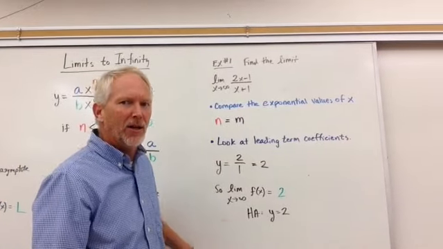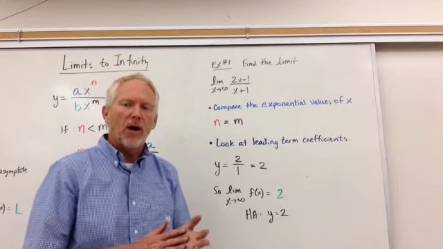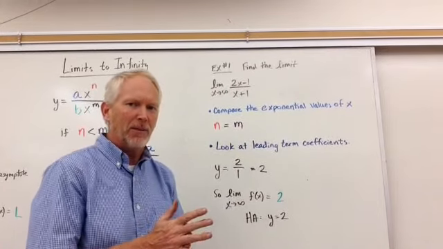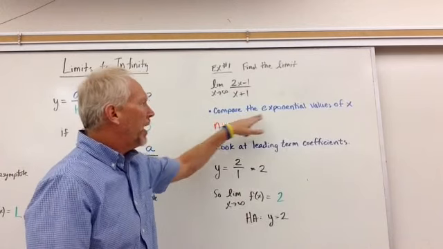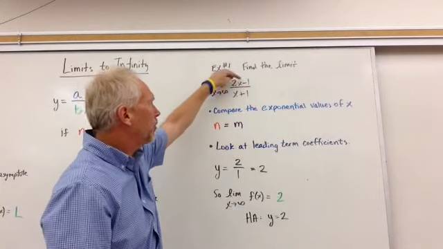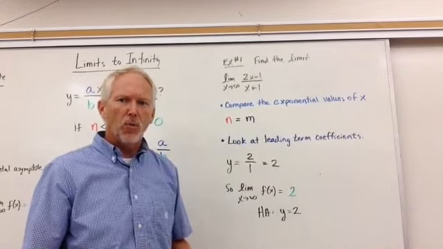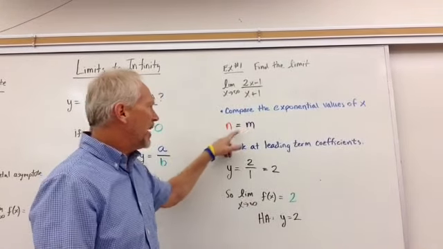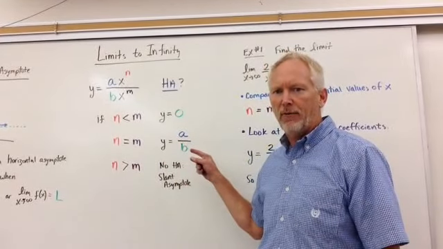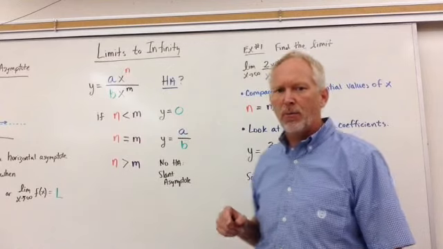We're asked to find the limit of 2x minus 1 over x plus 4 as x goes to infinity. Now, in another video, I did another way, but this is another way yet to find this limit. So compare the exponents of x. What is happening with our n and our m? Well, they both appear to be 1, right? So since n is equal to m, we go back to our rules and say, oh, well, we have a ratio here. y equals the ratio of a over b.